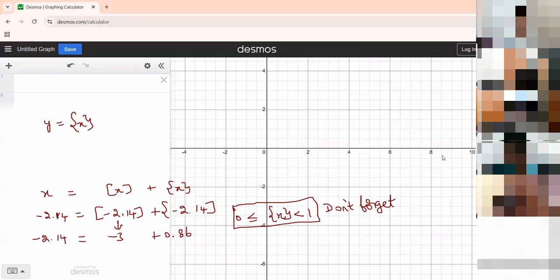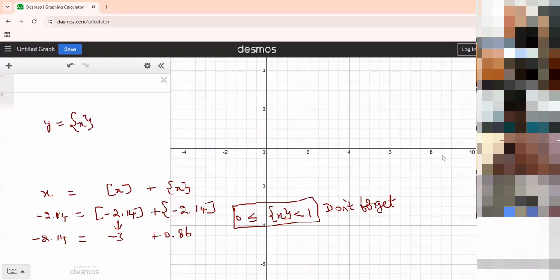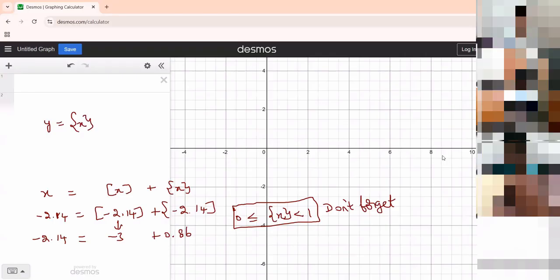Aishi, Jeevish, Vidyatram. You can try in your notebook and then you can show me if you have got it. Just show that notebook on the screen.